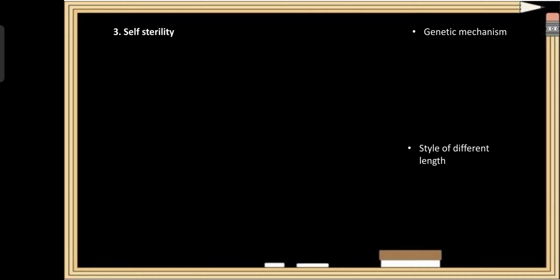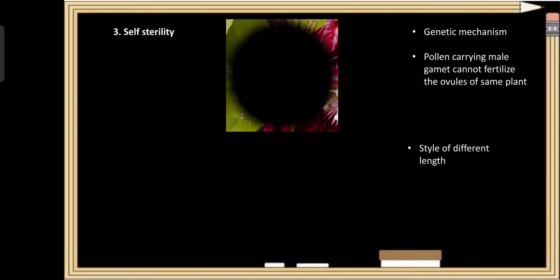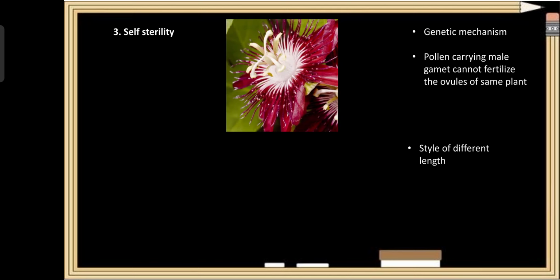So what is self-sterility? It is a device where there is some genetic mechanism where the pollen of a plant cannot fertilize the ovule of the same plant. It is noticed in certain species of passiflora flower.